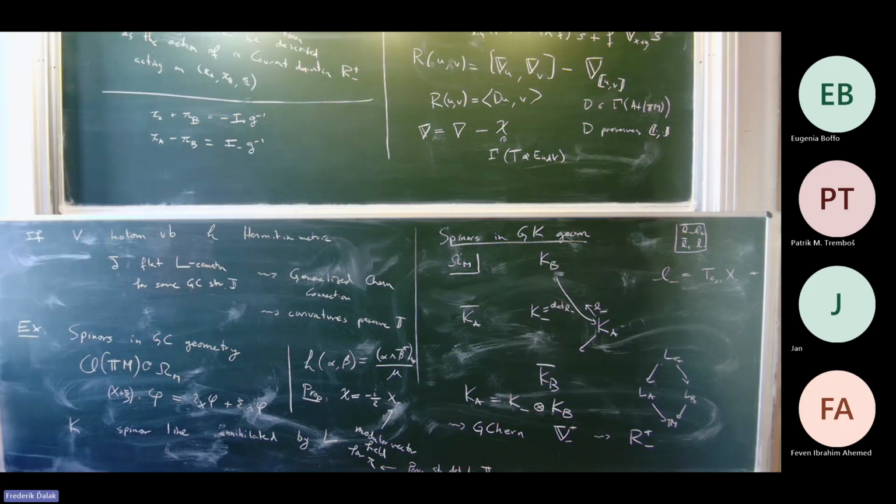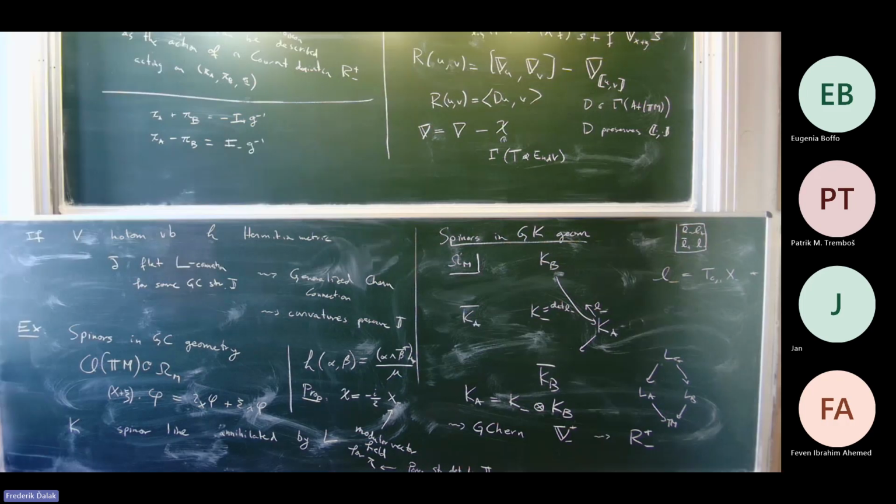And it is an associative simple algebra, so it has one module which is 2 to the power 2n dimensional complex. And these are the spinors. And there are sums of spinors. For example, in dimension 4, there are sums of S plus and S minus.